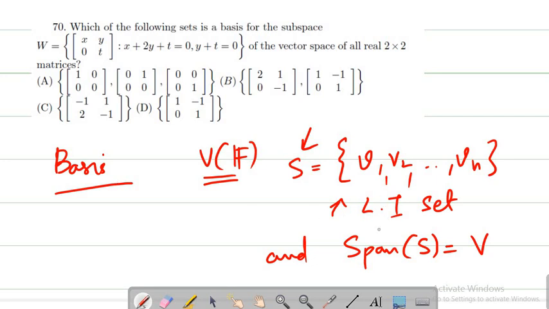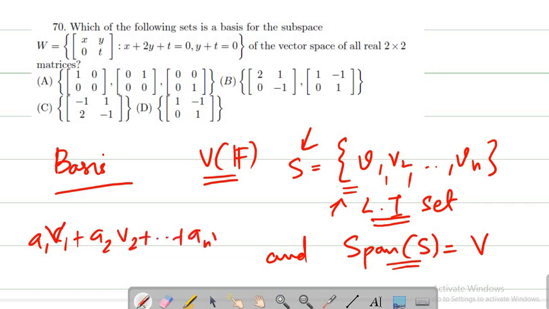I think you also know what we mean by a linearly independent set, which we have discussed previously, and also what the span of S is. The span of S is nothing but the set of all linear combinations of vectors in S, something like a1 times v1 plus a2 times v2, etc., plus an times vn, where each ai belongs to the field F. We call this set the span of S. And if you can see that the span of S is the complete vector space V, we say that S is a basis of that particular space.